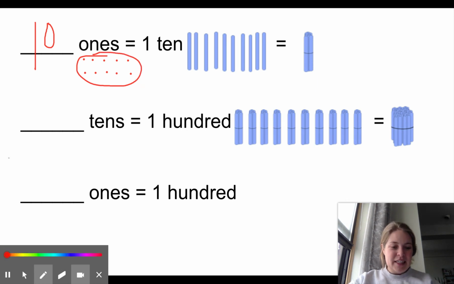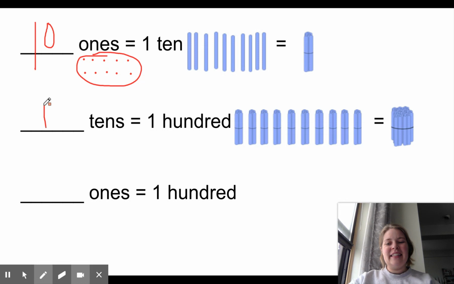How many 10s equal 100? 10 10s equals 100. 10, 20, 30, 40, 50, 60, 70, 80, 90, 100. We can bundle it up.